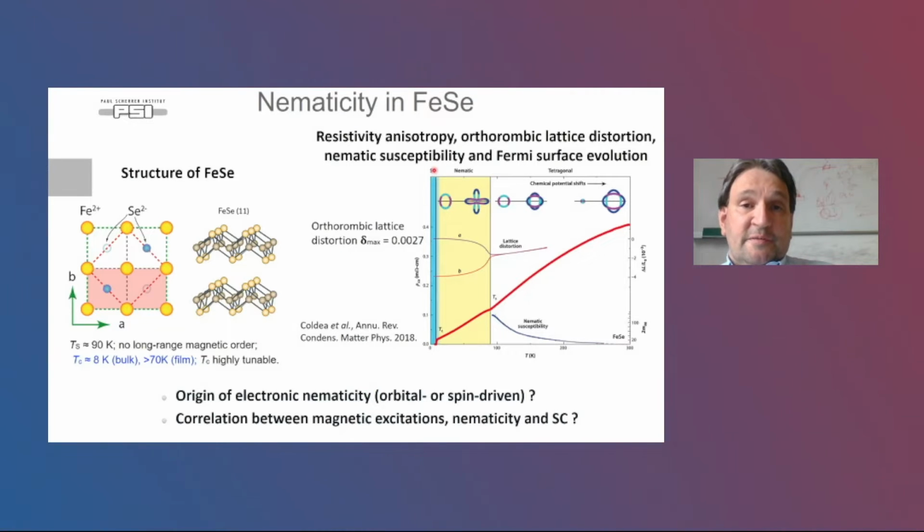So what are the basic signatures of nematicity with different probes? As the first signal of electronic nematicity, you have an anisotropy in the resistivity, like seen here.